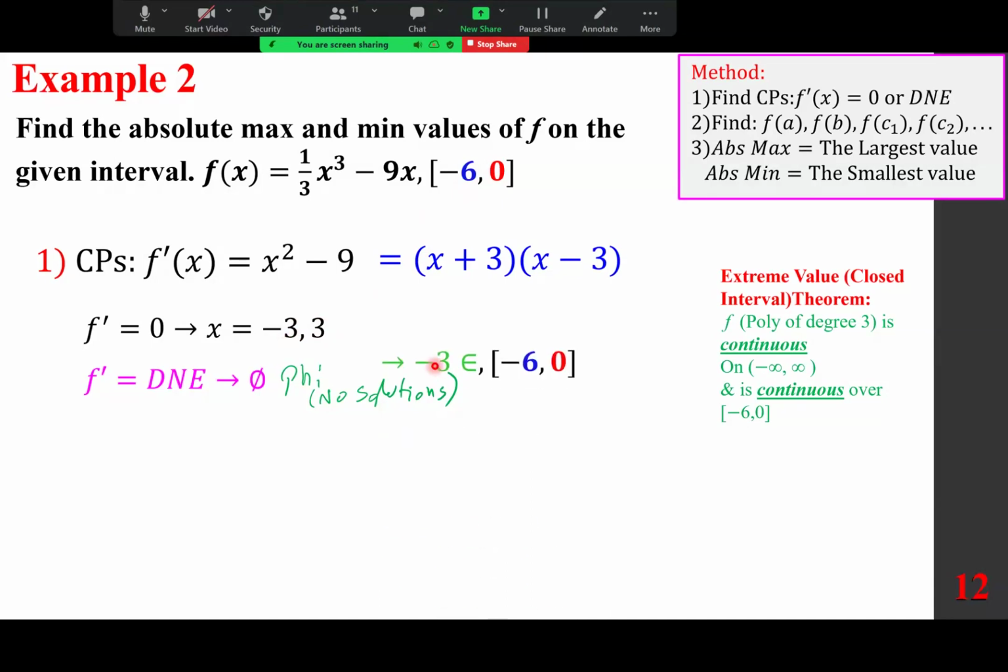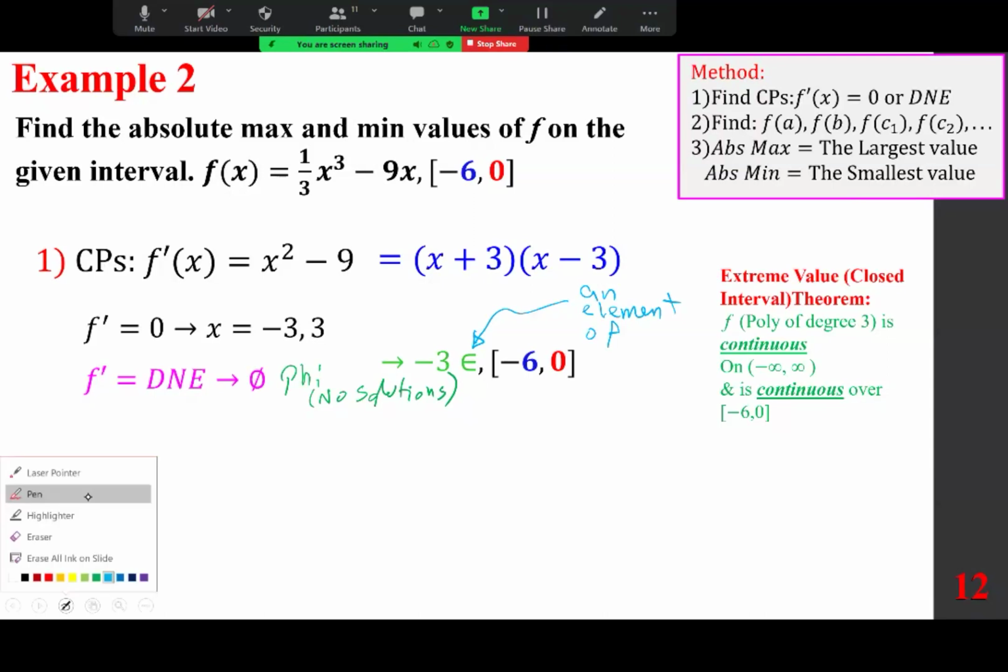So we write down negative 3 is an element of this set. This is set theory notation, and you read it as "an element of."